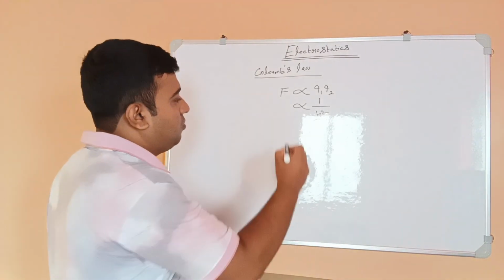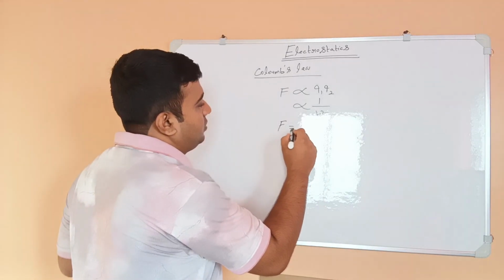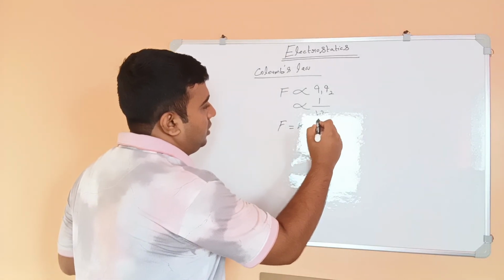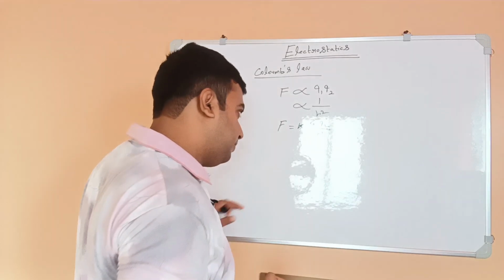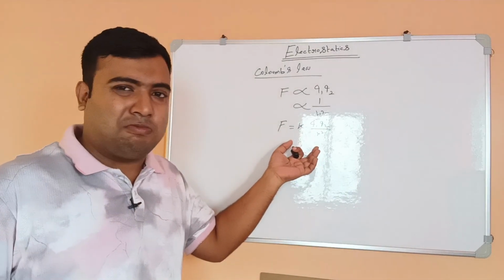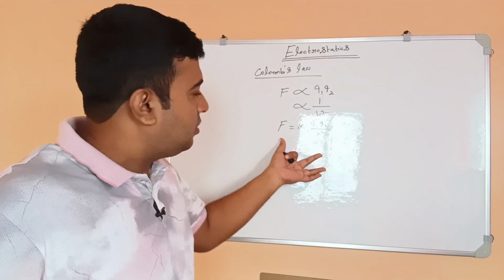So from our 10th class mathematics we can say that F is equal to a constant K q1 q2 by r square. This is the basic form of Coulomb's law, but we have to study it in vector format.